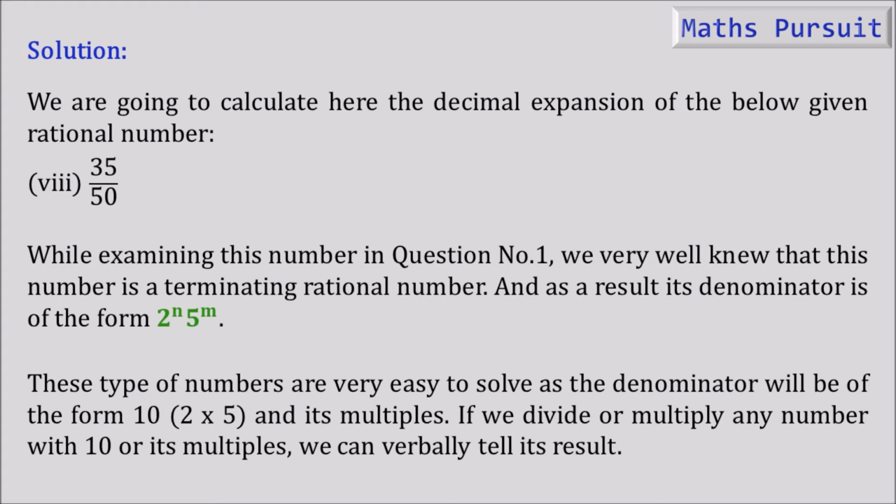We know that if we multiply or divide any number by 10, it's very easy to calculate. If I say 4 divided by 10, we get 0.4, or 5 divided by 100, we get 0.05. So verbally we can tell without doing any calculations. This is what is going to happen with this number too.